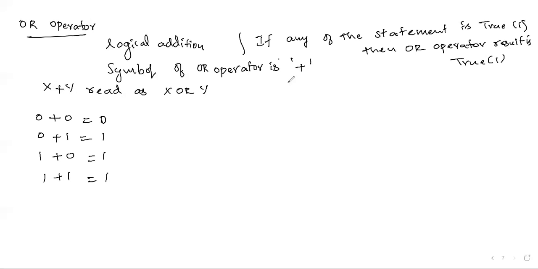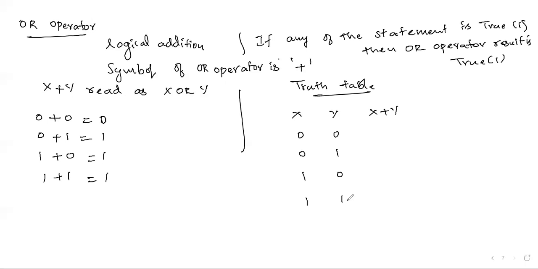So let me show the truth table of this. When we are considering two variables x and y, x or y, that will be considered 0 0, 0 1, 1 0, 1 1.